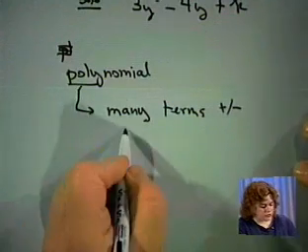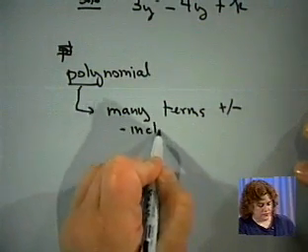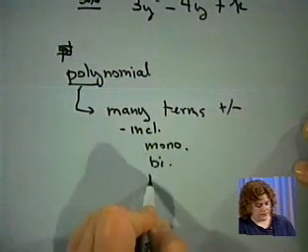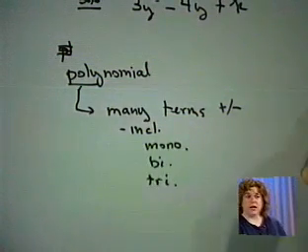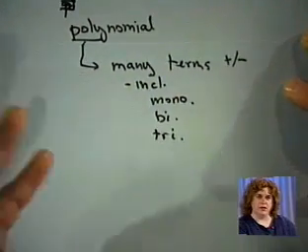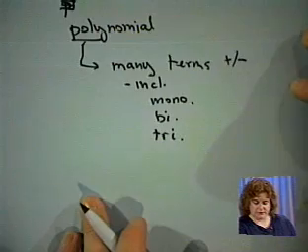And it includes within it the monomial, the binomial, and the trinomial. Those are specific types of polynomials. You'll work with them quite a bit, and they're just given their own specific names.